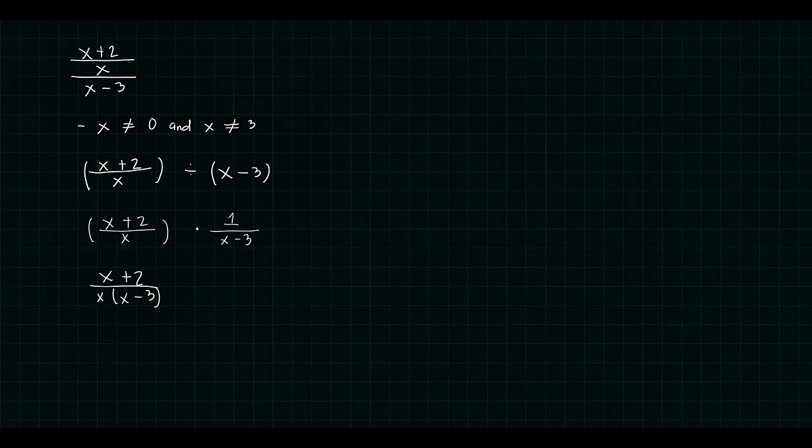Since x plus 2 does not appear in the denominator, no further cancellation is possible. And for our final answer, the simplified expression is (x plus 2) over x times (x minus 3), with the restriction that x is not equal to 0 and x is not equal to 3.